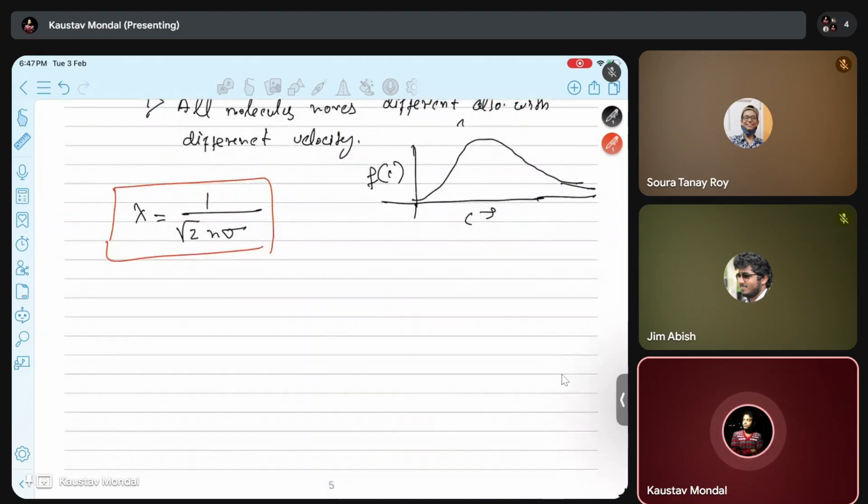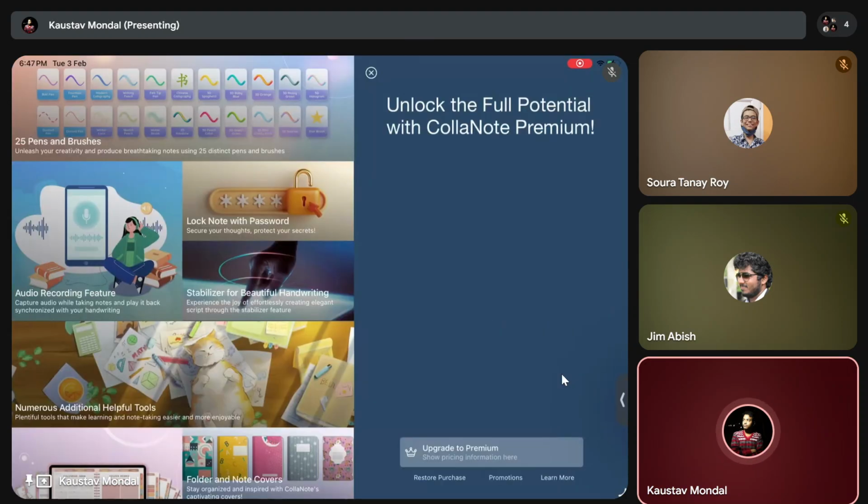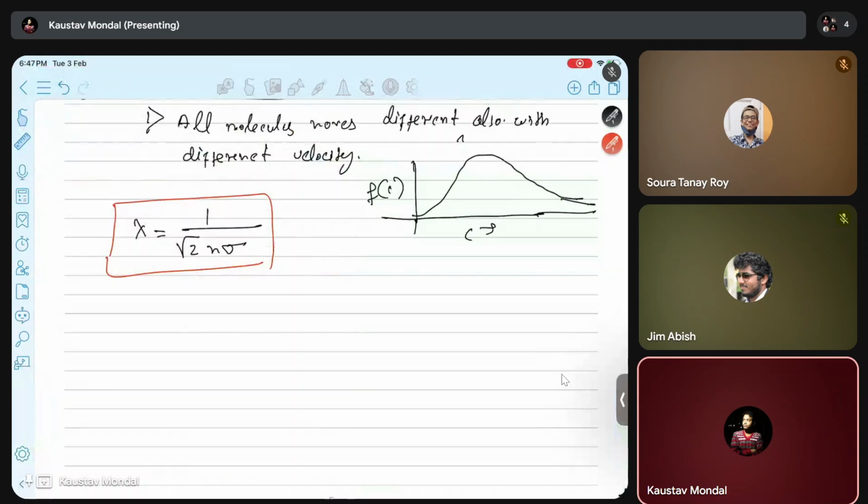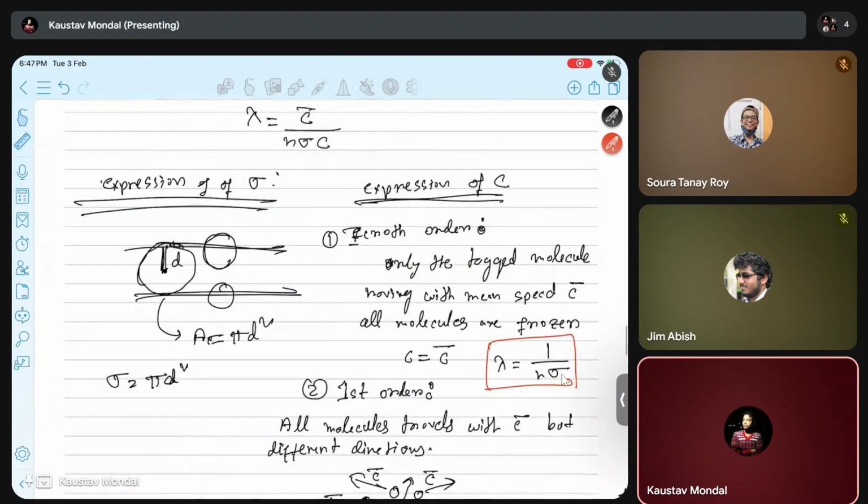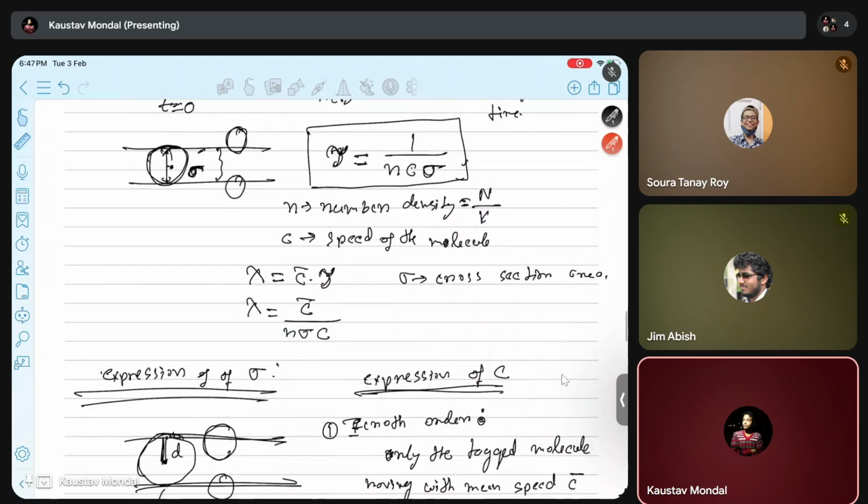Now, if you know the lambda, you can also calculate the value of tau from here, right? What is tau? Tau is lambda by c bar.